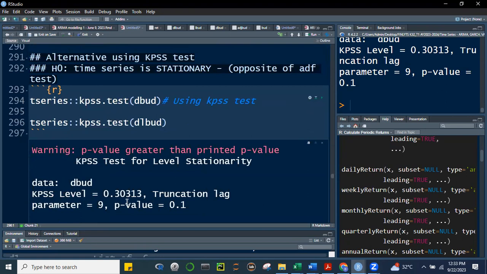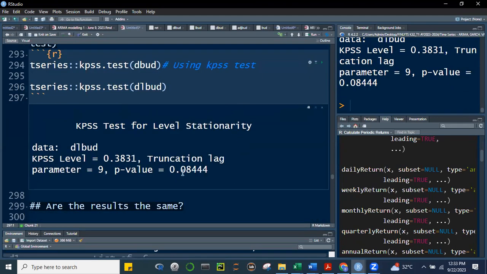The p-value is 0.1. Okay, therefore, we fail to reject the null hypothesis, we fail to reject that our data is stationary. So the result of the ADF test and the KPSS test is the same in this instance. Okay? All right, so let me end there, class. Let me stop recording.